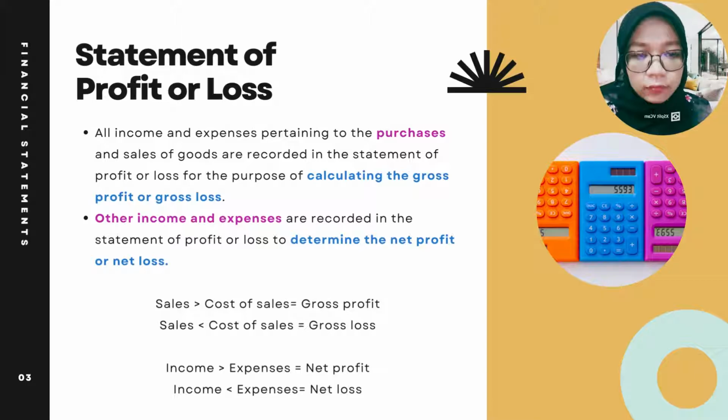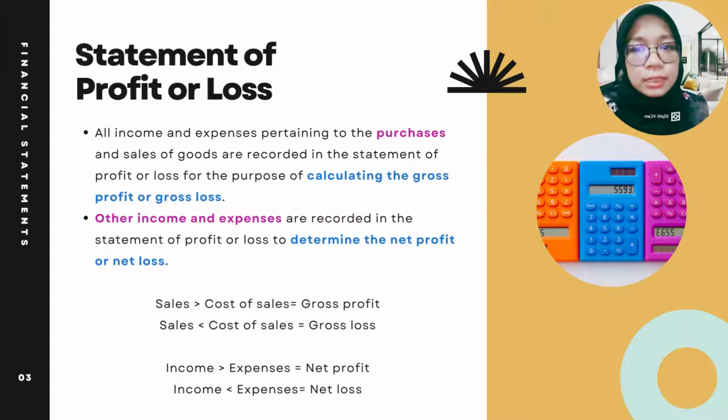At the end of the 12th month, also known as the end of the year, all the trial balance figures we should transfer to prepare the statement of profit or loss and also the statement of financial position.